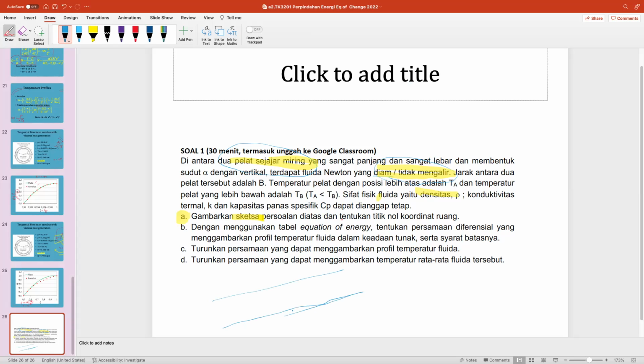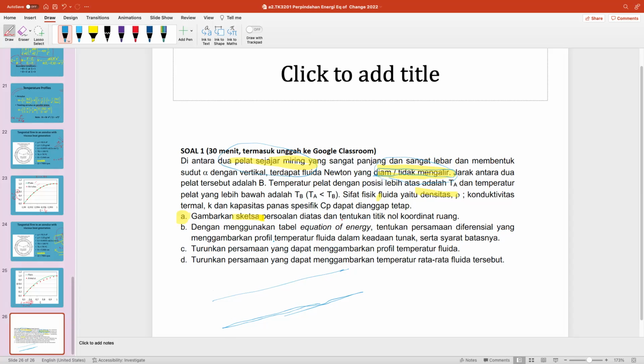And in the middle the fluid is actually there between the plates, but it is diam, so it is stationary. It just stays there, it's not moving. Okay.